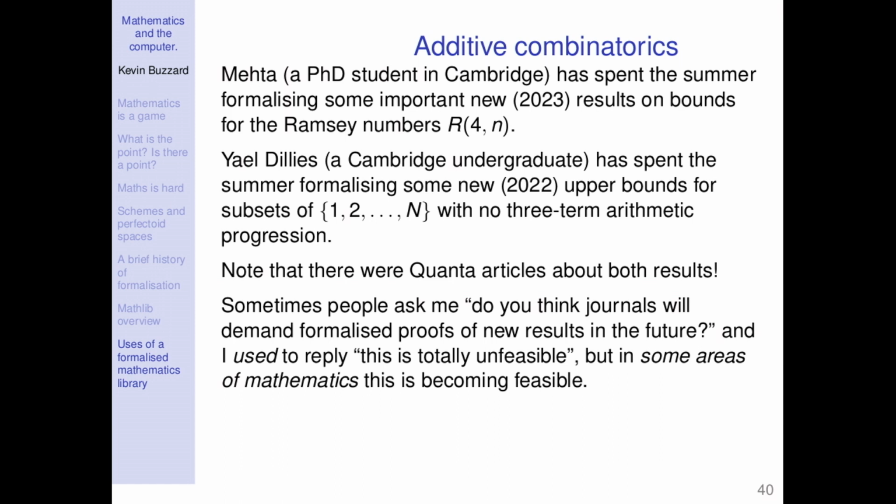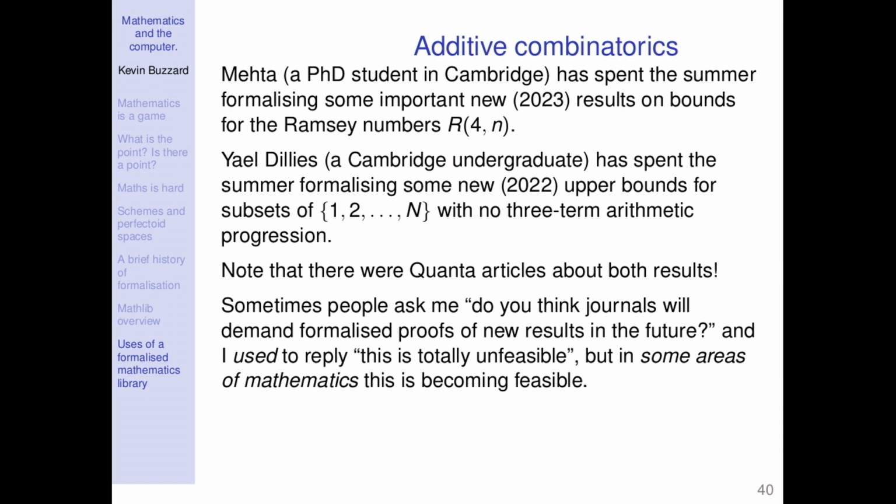It wouldn't surprise me if at some point in the future, some combinatorics journal said, we don't want to use referees anymore. You submit your paper, we want to see a formalized proof using a theorem prover. That would be interesting. I don't know if that will happen, but it wouldn't be unreasonable for it to happen now, because we're getting a pile of evidence that this is actually possible.